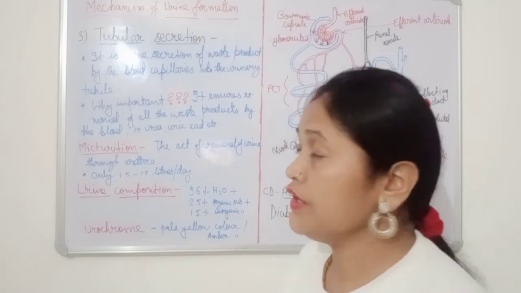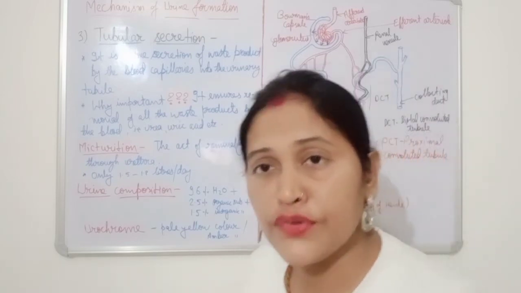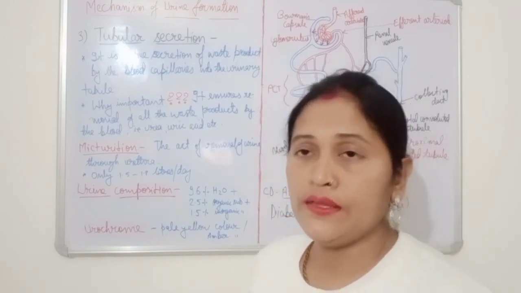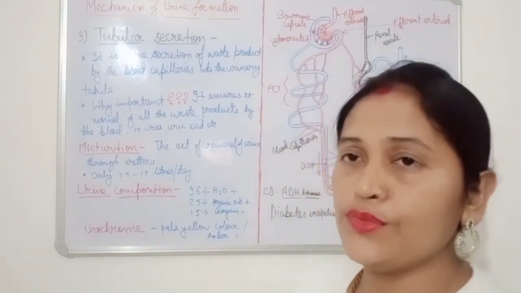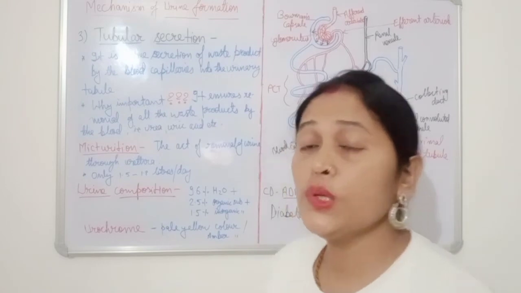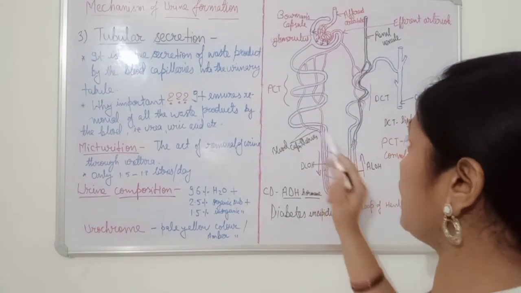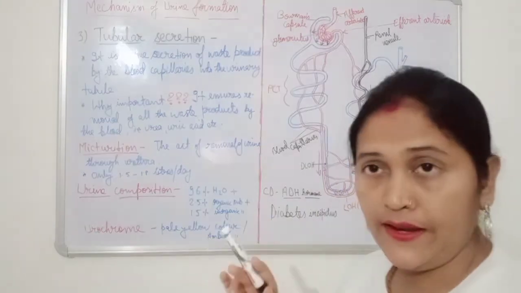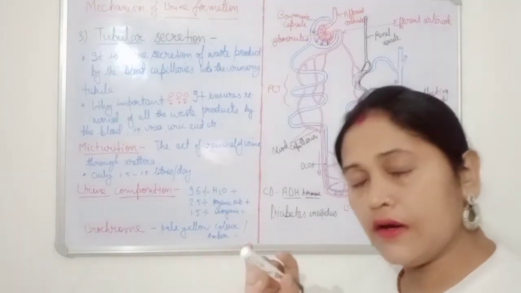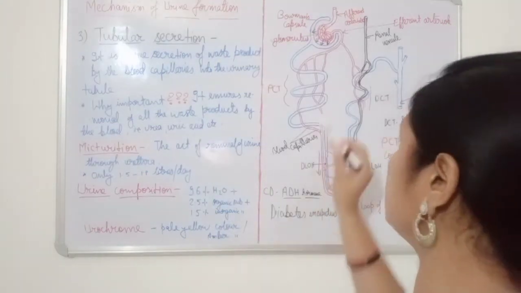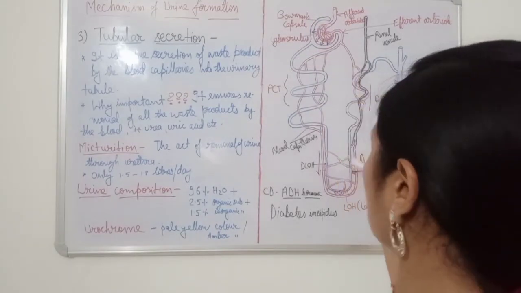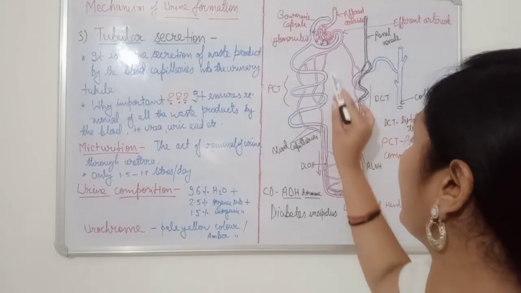If we see the second step of the urine formation mechanism, that is tubular reabsorption. Tubular reabsorption by whom? By the blood capillaries that surround the nephron. All parts of the nephron are surrounded by blood capillaries.